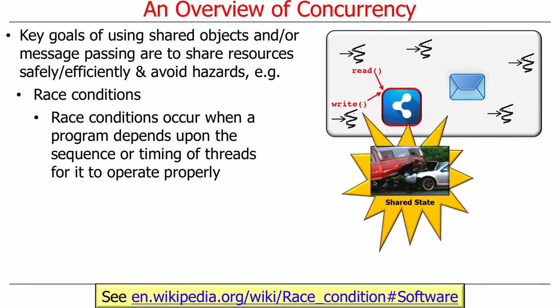One of the common problems you run into when you start sharing stuff, especially with shared objects, is something called race conditions. Race conditions are a hazard that can occur when a program's behavior depends on the sequence or the timing of the threads in order for it to operate properly.